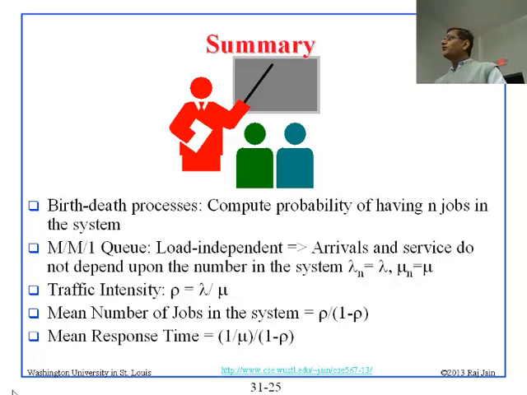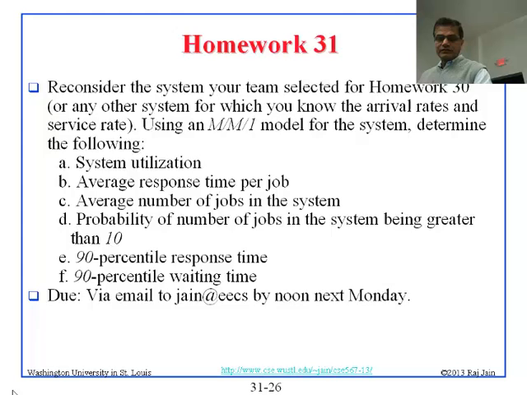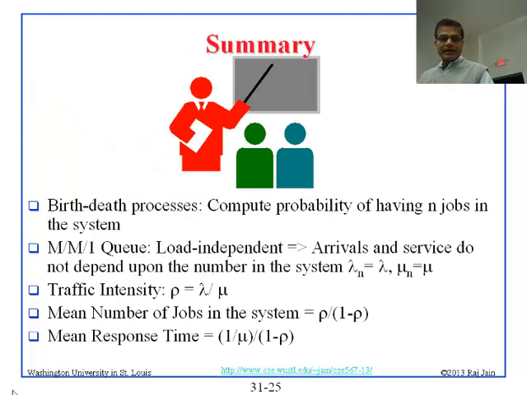With the MM1 queue, it is totally load independent, all the arrivals and service times are the same, and therefore you can solve it very easily, and the traffic intensity is lambda upon mu, and you can get all those formulas. With other queues, you have the formulas again as before.